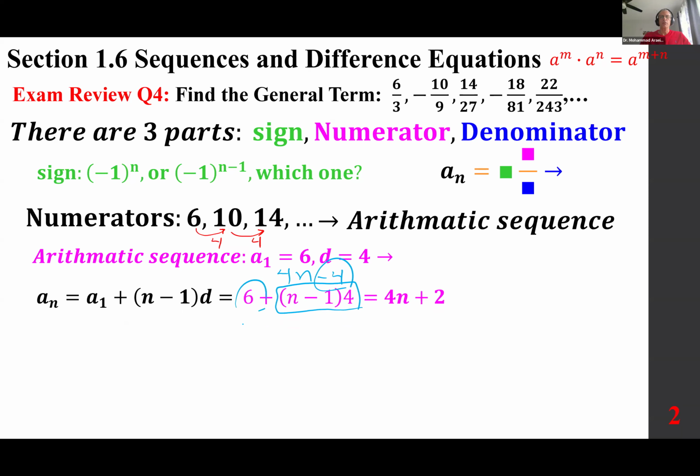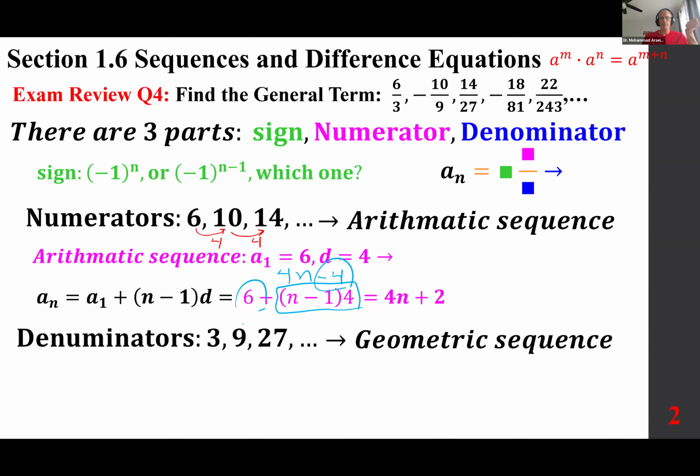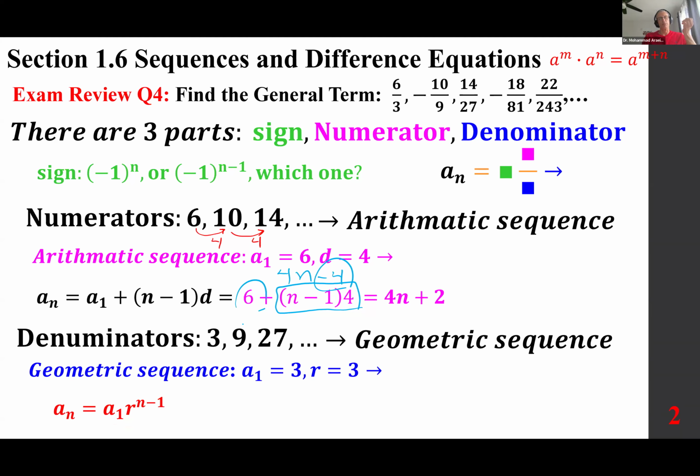We write the denominator is 3, 9, 27, and we notice that 3 times 3 is 9, 9 times 3 is 27. The geometric sequence with the first term being 3, and so is the common ratio. So we are going to go with a sub n equals a sub 1 r to the power of n minus 1.